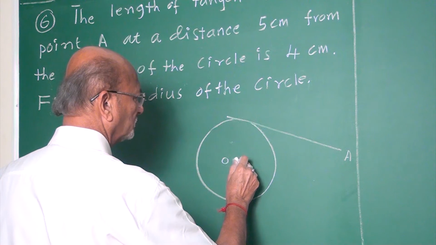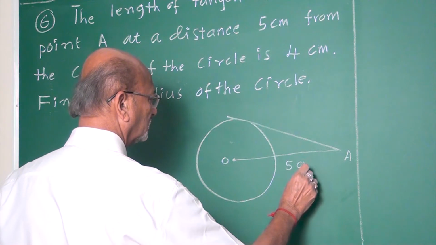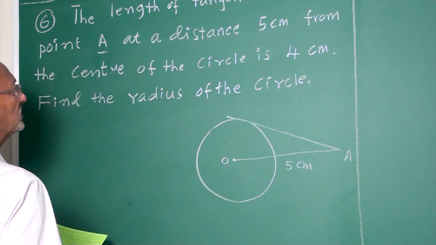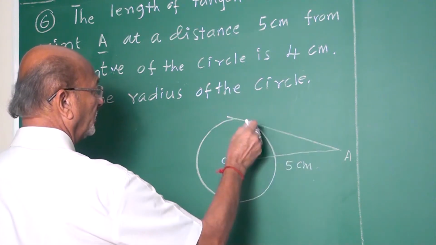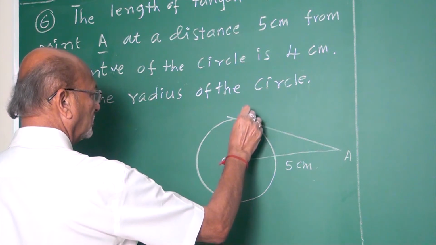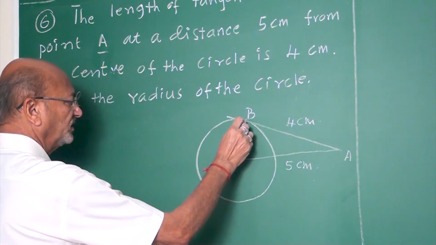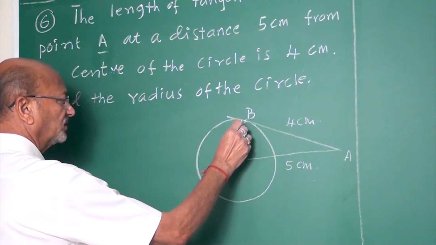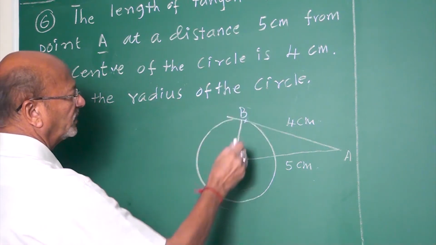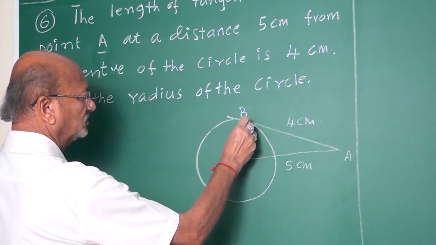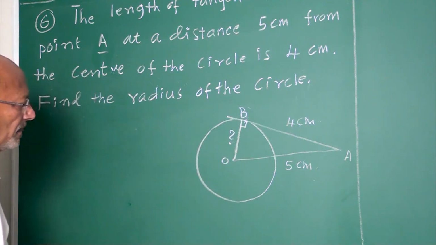This is 5 centimeters. Then what is given? The length of the tangent from A to the circle, this is B, is 4 centimeters. We wanted to find what is the radius of the circle. This is the point of contact B, and this angle is 90 degrees. We want to find what is this side.